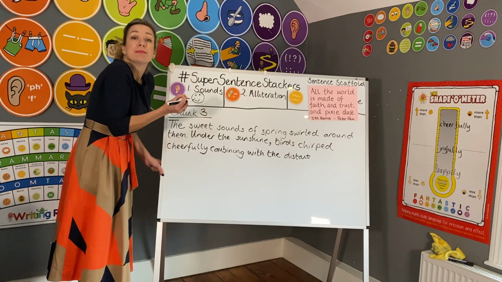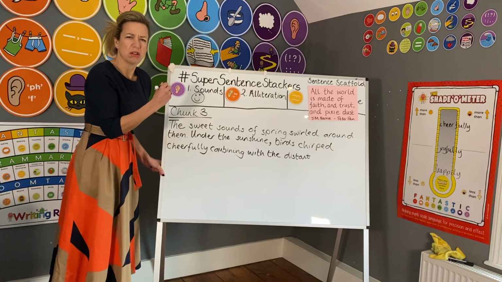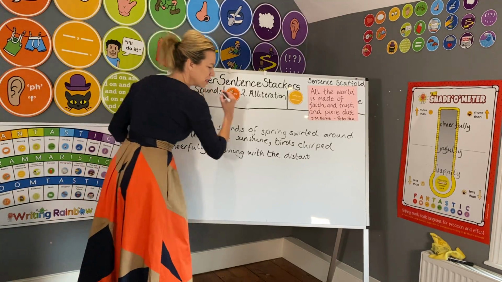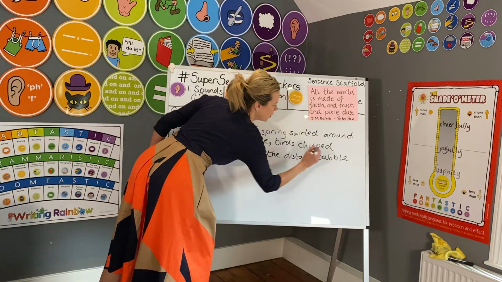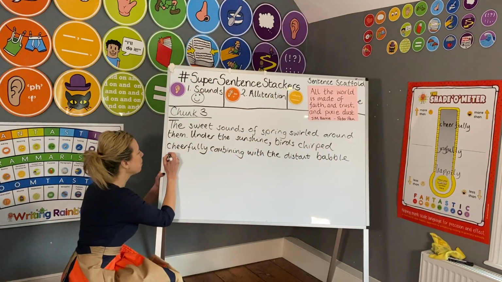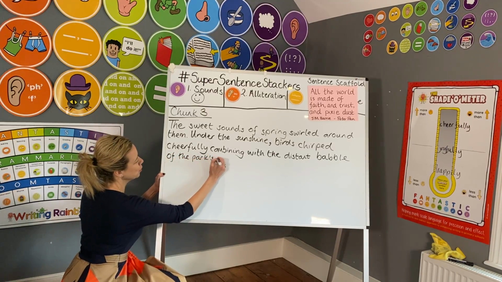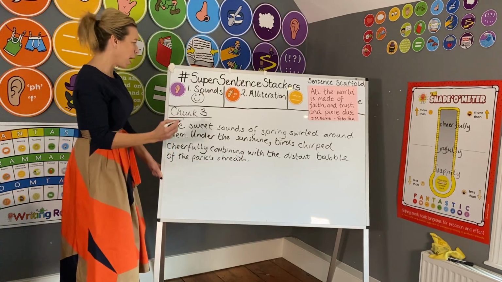A bubble, a burble, a gargle, not sure about that. With the distant babble, that's more positive. With the distant babble of the park's stream. Oh yes, I've really drenched the writing in sounds there. I'm pleased with that.